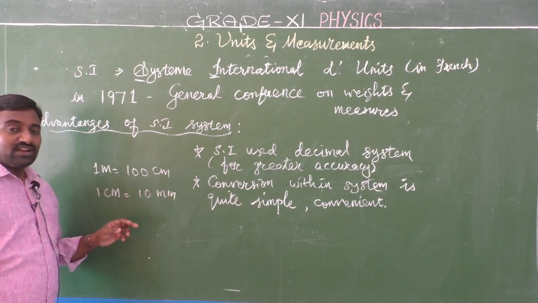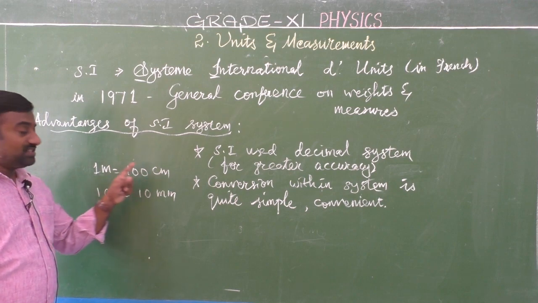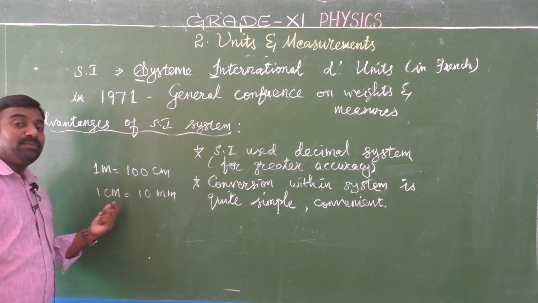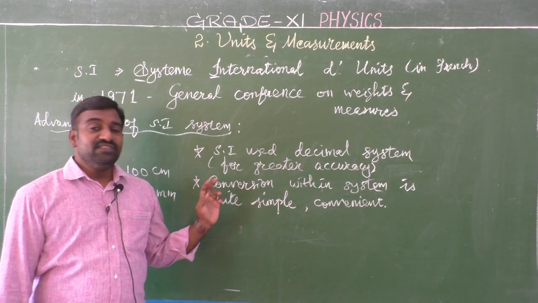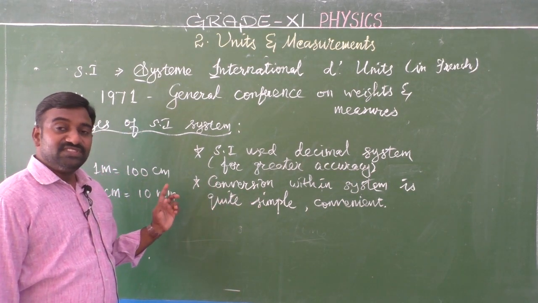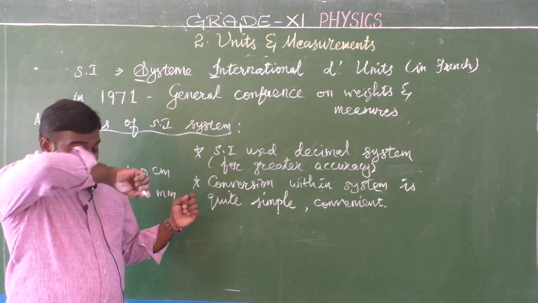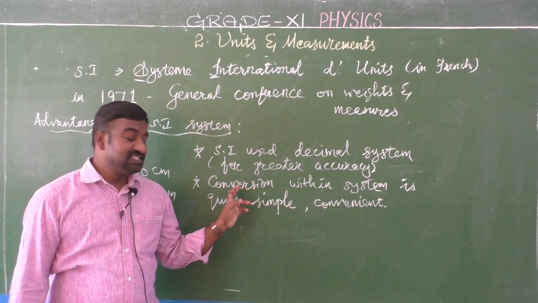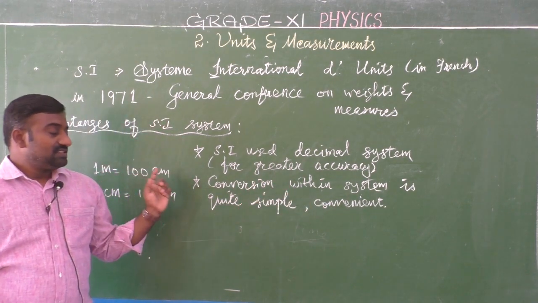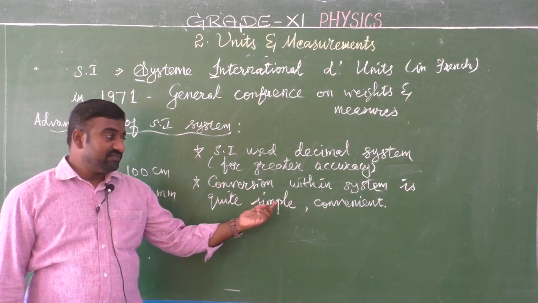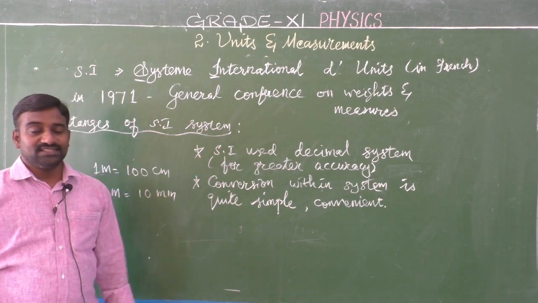So easily we can convert one unit to another unit. Meter into centimeter, gram into kilogram, hour into minute, minute into seconds. So the conversion within the system is quite convenient and very simple. So that is why they follow the SI system.